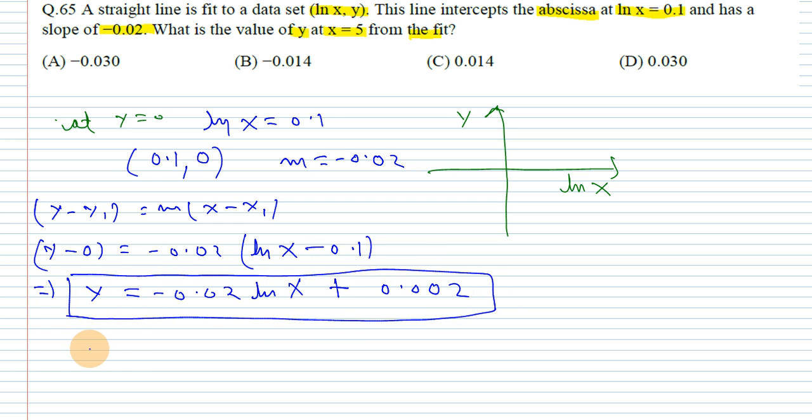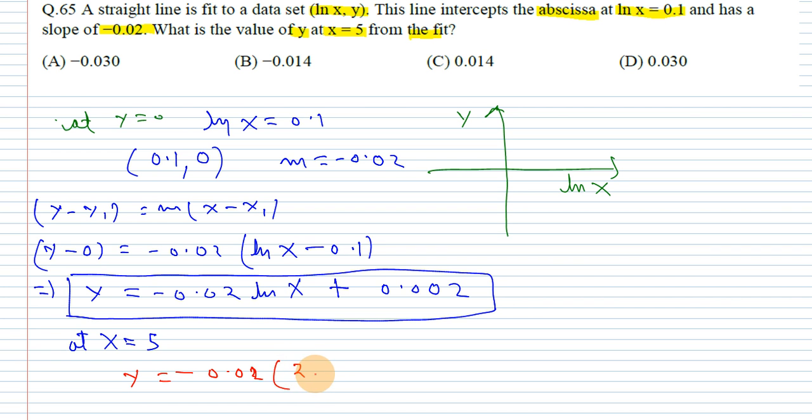Okay, and they have asked the value of y at x equals 5. So at x equals 5, what will be the value of y? Let's find this value of y from the equation of the line. So this will become 0.02, and let's take this ln x into log x base 10.